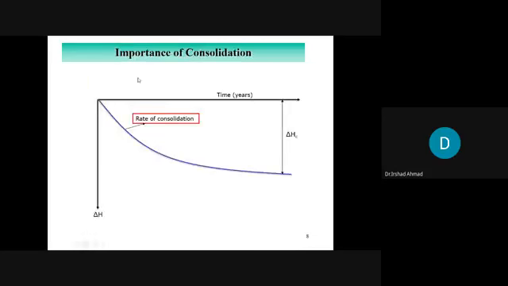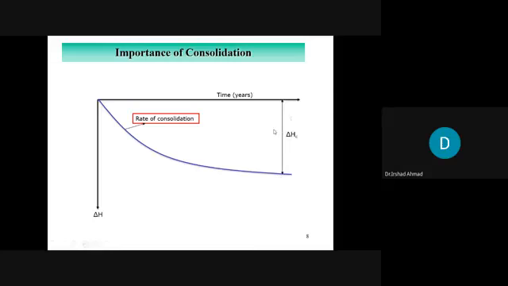This is time in hours, and this is consolidation settlement. As time passes, the settlement increases, but at a lower rate. The rate of settlement decreases, and at a point it almost becomes constant, with no more increase.